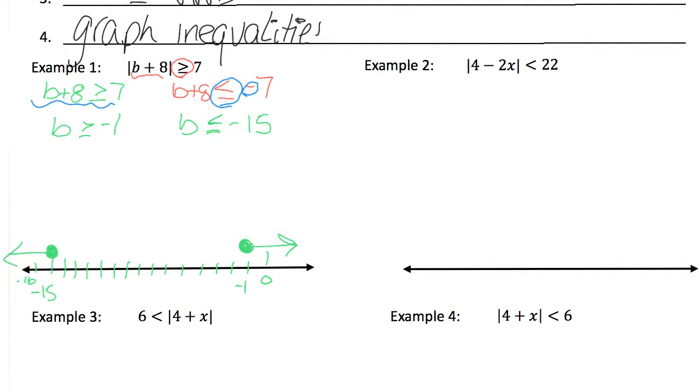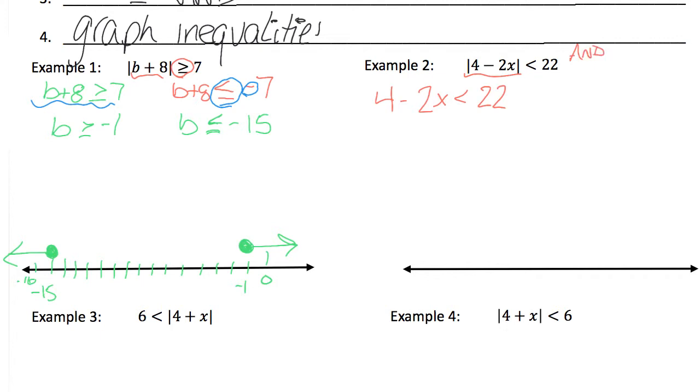Okay, so let's try another one. So again, the first one, we keep 4 minus 2x is less than 22. Less than means it's an and, so it's going in.